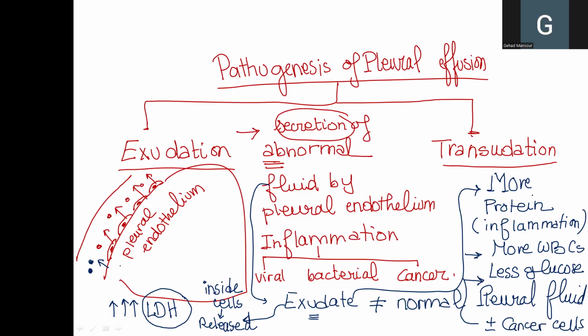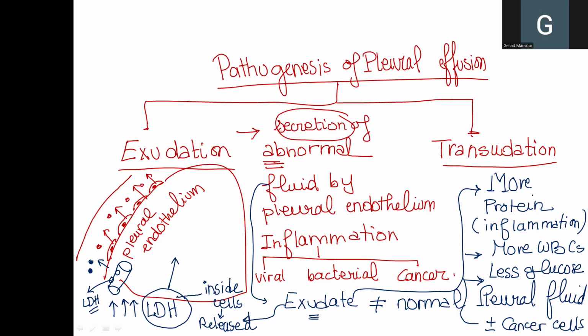Furthermore, LDH is present in the blood, and because there is increased permeability of the blood vessels, LDH will also be released into the pleural space. So we have two origins for the LDH.